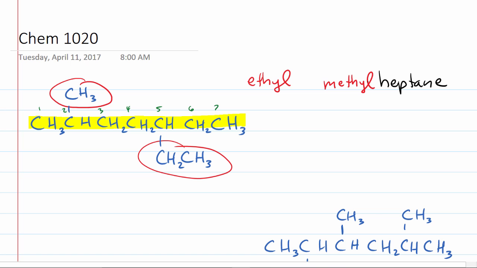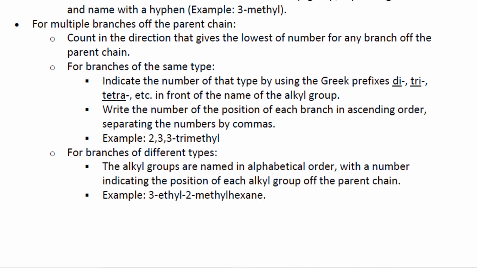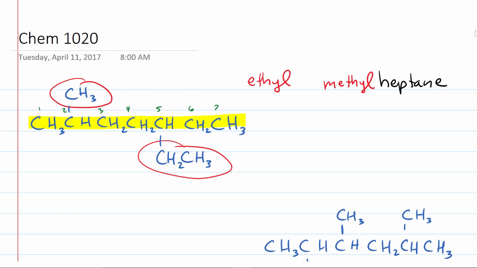And then what we're going to do, according to the name, is put the number in front of the particular alkyl group. So we tell where the ethyl group is located. Remember, the ethyl group is located at carbon number 5, and the methyl group is at carbon atom number 2.